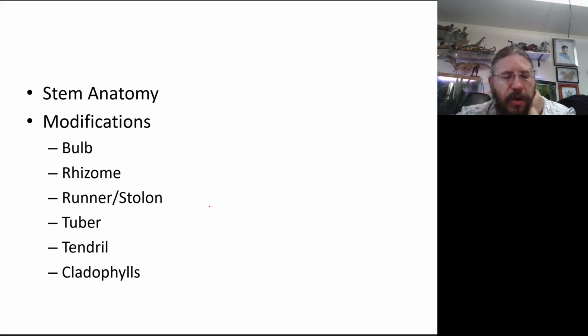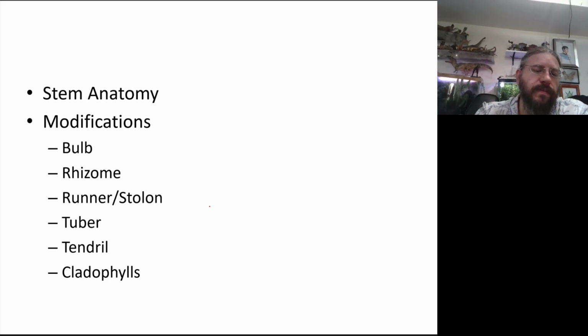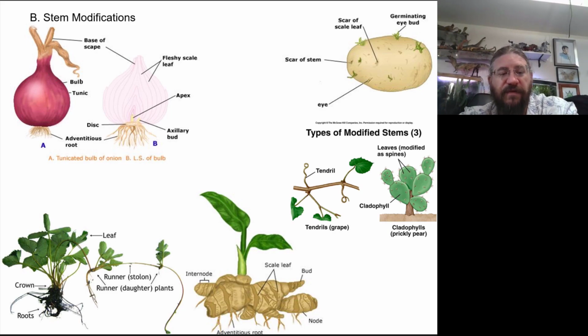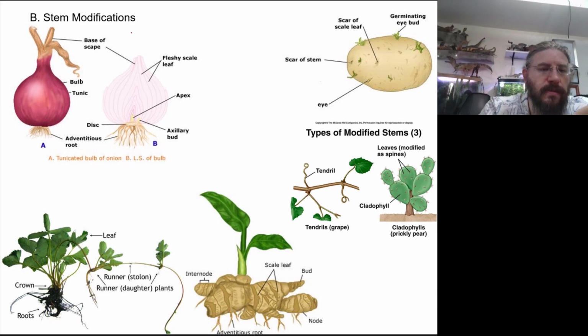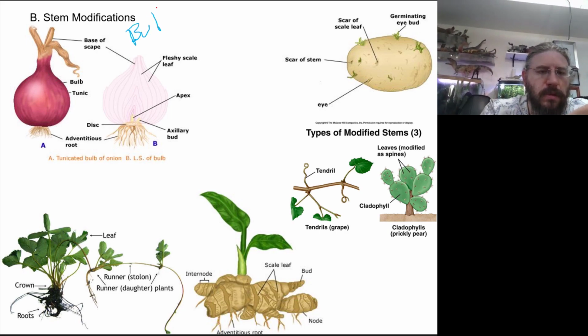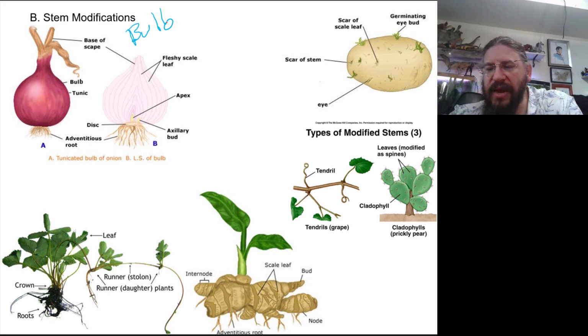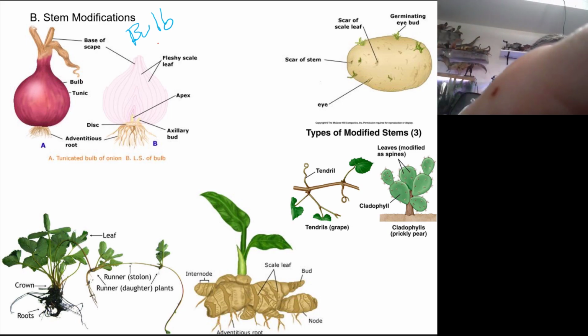Okay, now we're going to go into some specialized stem anatomy, the modifications we can find of stems. So all of these are stem modifications, and let's hit them up. First off, a bulb. A bulb is a bud and leaves.